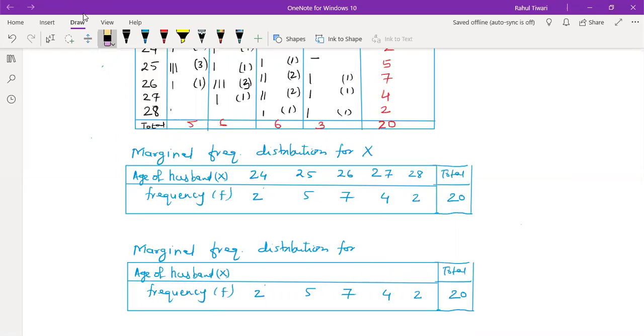And similarly one can write the frequencies also. So I will just click on graph and one can take down the frequency for y, the age of wife.